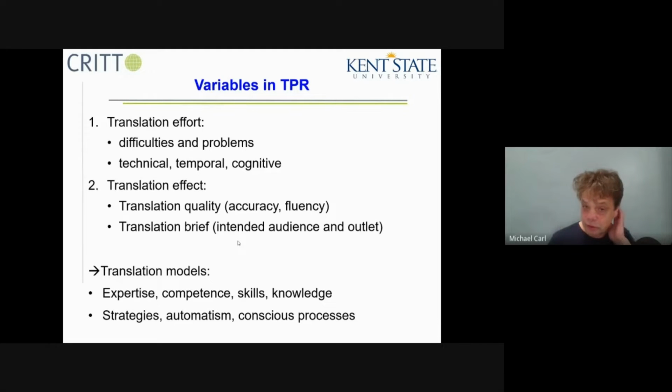So the translation will be very different if a text is supposed to be an in-house communication, for instance, or whether it's for a company and they want to present themselves in a new market, where the texts need to be polished and every word needs to be very well reflected.